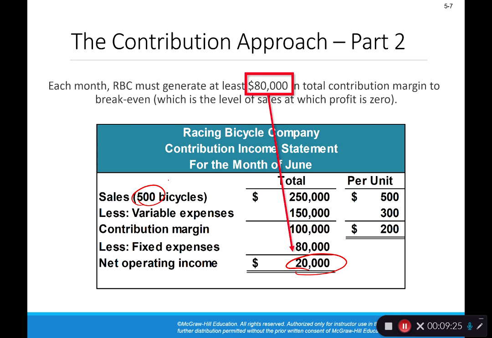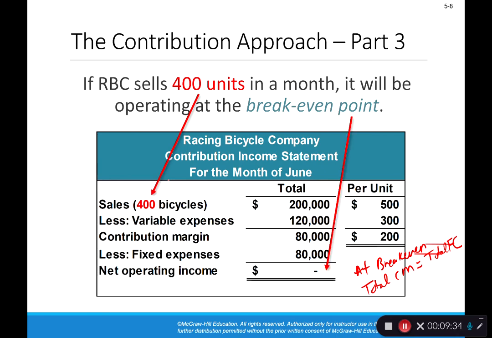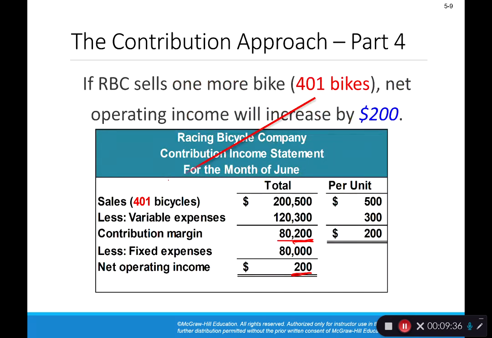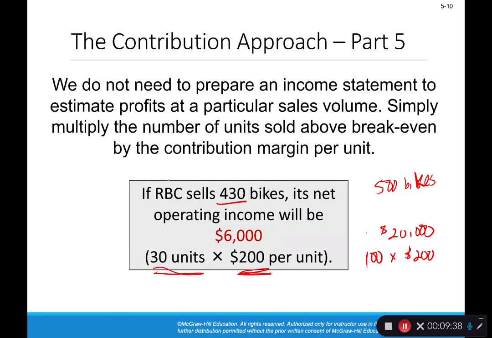So understanding how CM interacts with profit, that is that whatever happens to CM happens to profit, makes it very easy for us, and more importantly for managers out in the real world, to predict profits at varying levels of activity without actually having to recompute the entire income statement.